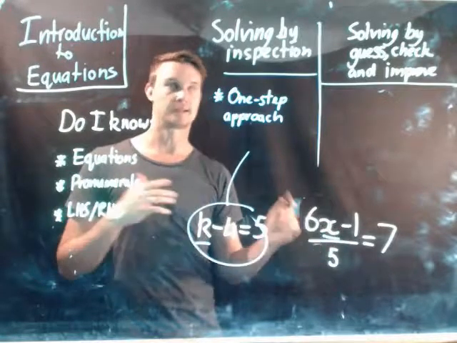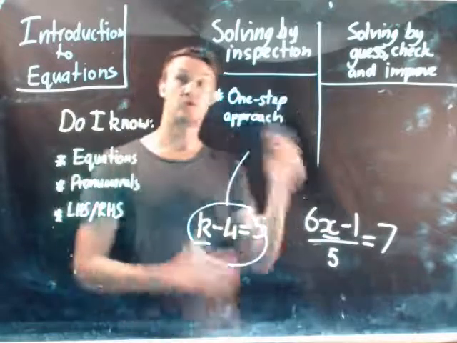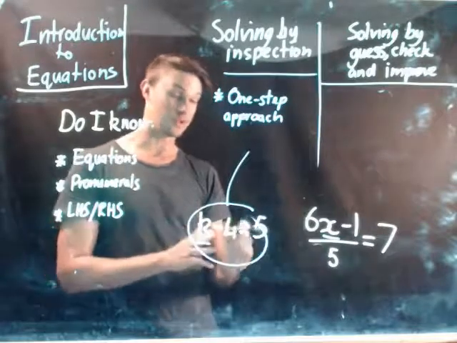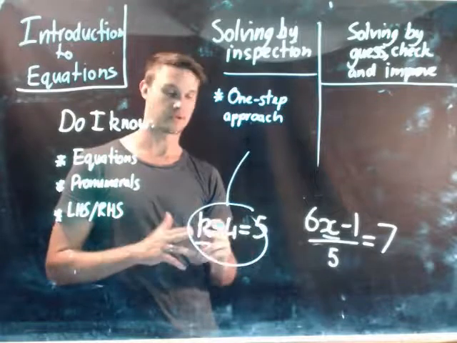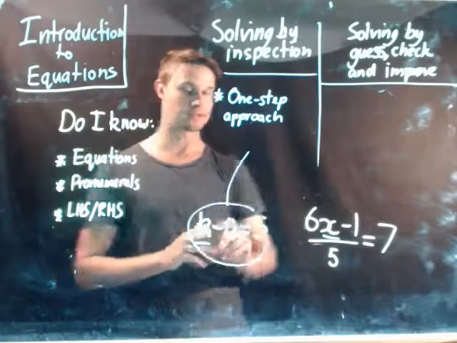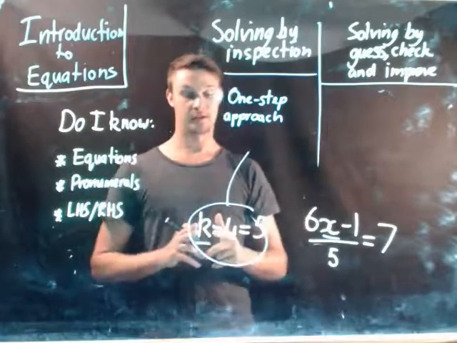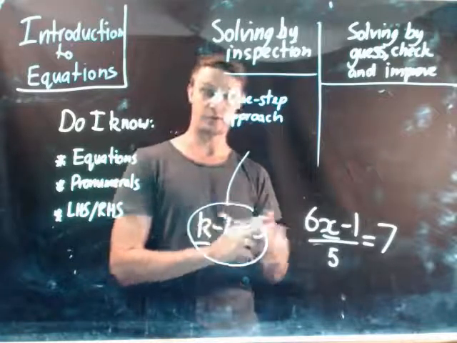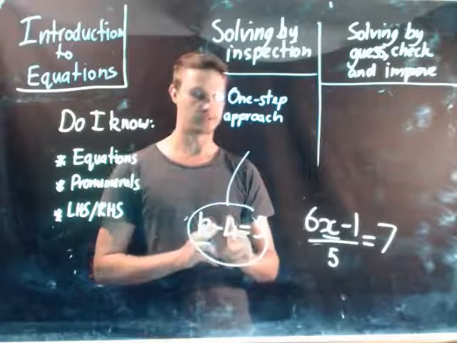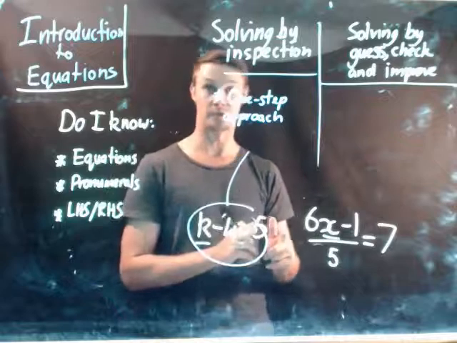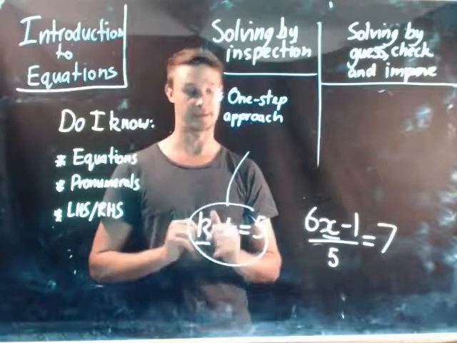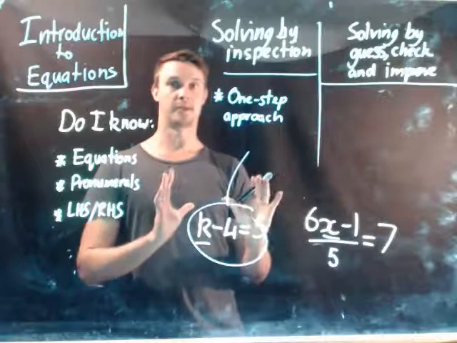That's a true number sentence. So solving by inspection is just using a one-step approach. You can either try a number and make sure it's a true number sentence, or you can do the opposite on the other side, which gives you your pronumeral. Instead of minus 4, I plus 4 to the 5, and that gives me 9. So that's solving by inspection.